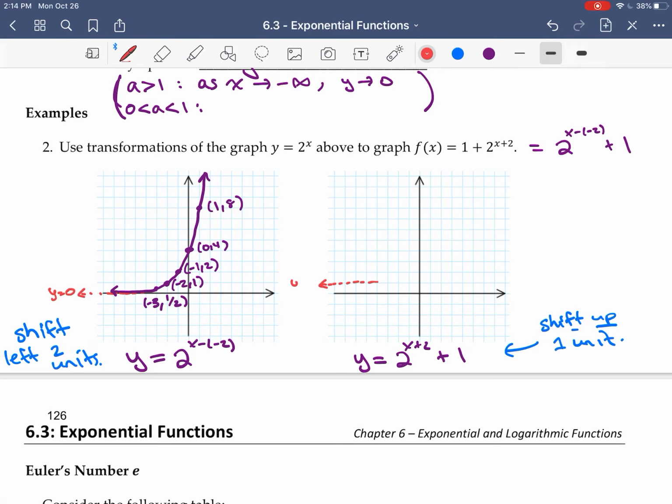So it's now going to be at y equals 1 over here. And all of my points just go up 1. So it's -2, +2. -3 is at 1.5. So it's 3 over 2. -1 is going to be at 3.